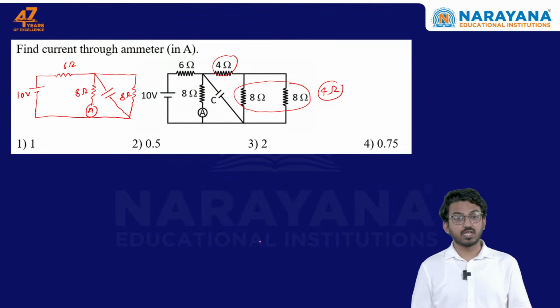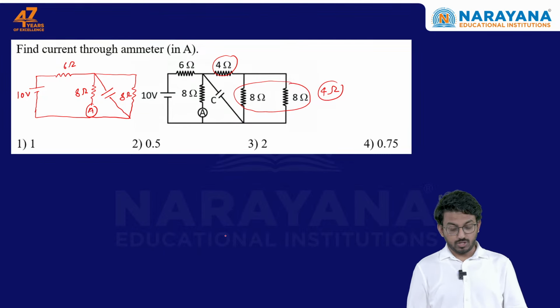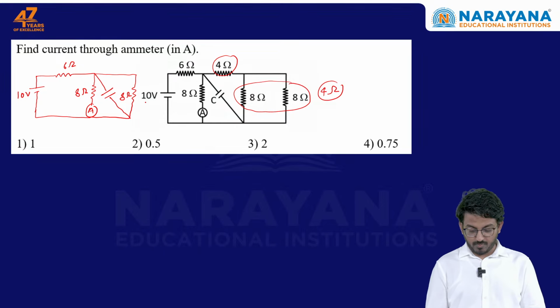Now, in the steady state, the capacitor will be fully charged, so there will be no current through the branch having the capacitor. So, we can observe further that this 8 ohm and the next 8 ohm combined resistance is going to be 4 because they are in parallel.